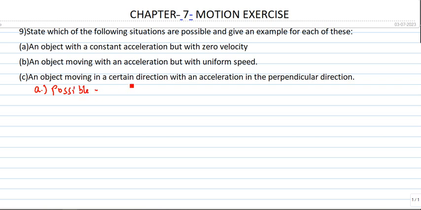And the example for this is a stone thrown upwards at its maximum height.